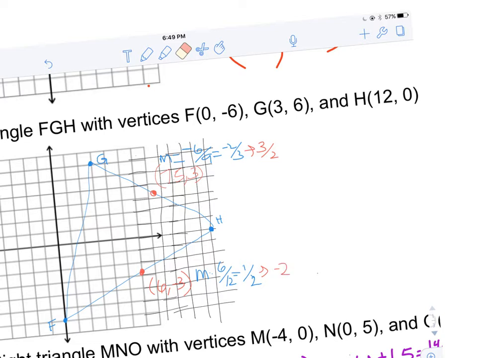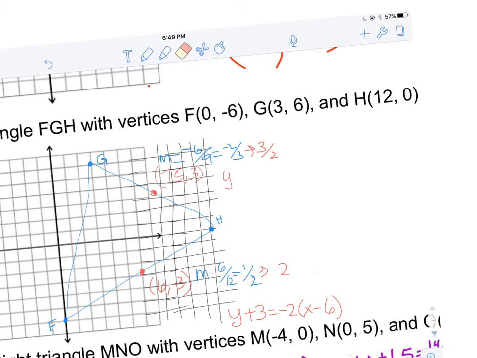I'm going to use the slope that I have and the point that I found, and I'm going to put it into point slope form. So I have y minus y1, which here is -3, so it'll be +3, equals my slope, -2, times x minus x1, which is 6. Do the same thing for that other line.